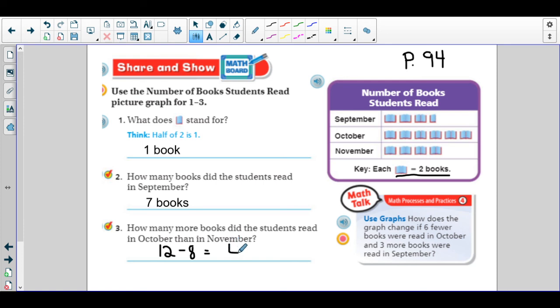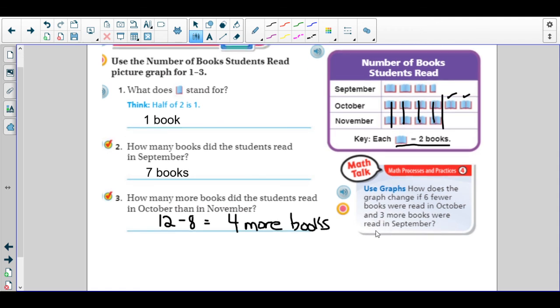That would be 4. 4 more books. Or you could have used the pictures up there as we compare right here. These kind of cancel each other out. There's 2, 4, 6, 8. But then in October, we had 2 additional. So 2 additional, that's 2 and 4. That's going to give us 4.